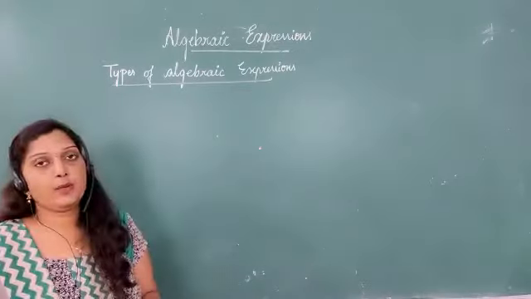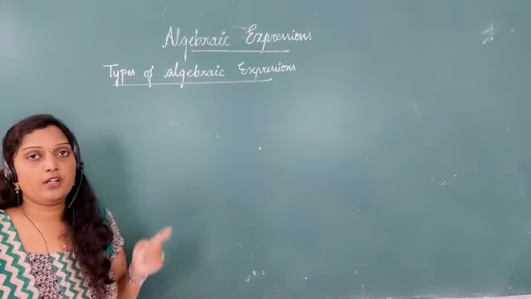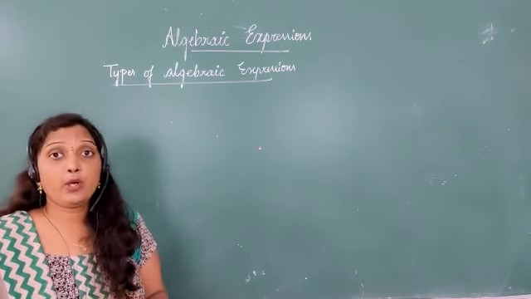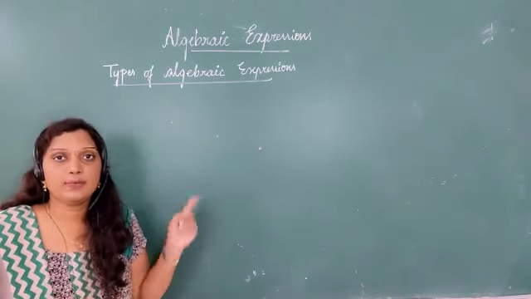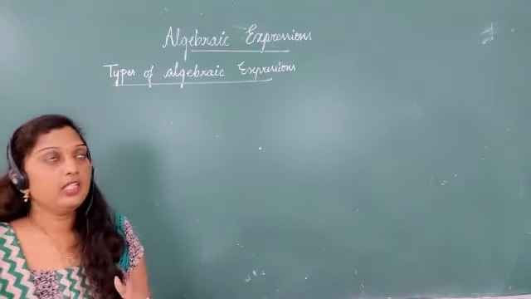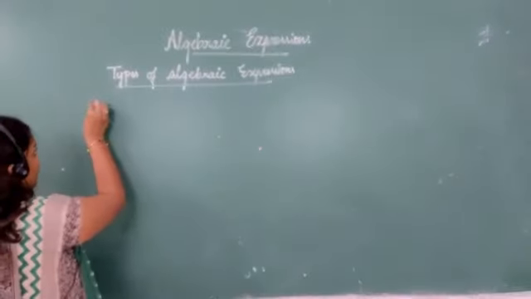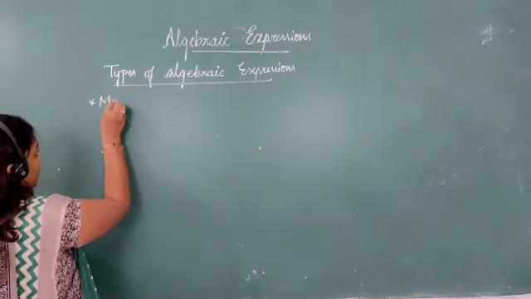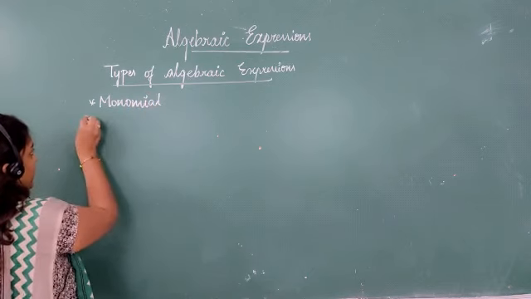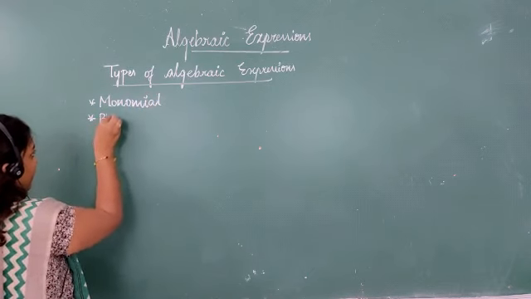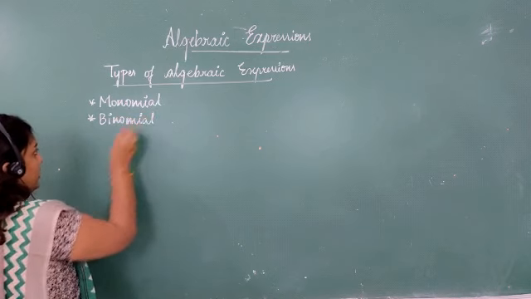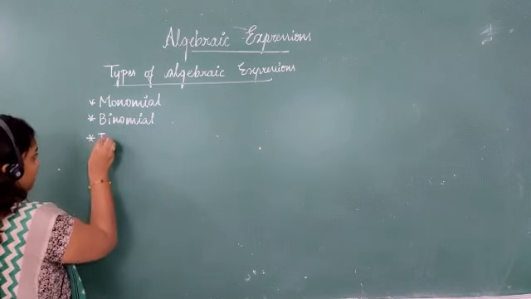Moving on to the next topic, that is types of algebraic expression. Based on the number of terms present in the algebraic expression, it is categorized into 3 types. The first one is monomial, second one is binomial, and the third one is trinomial.